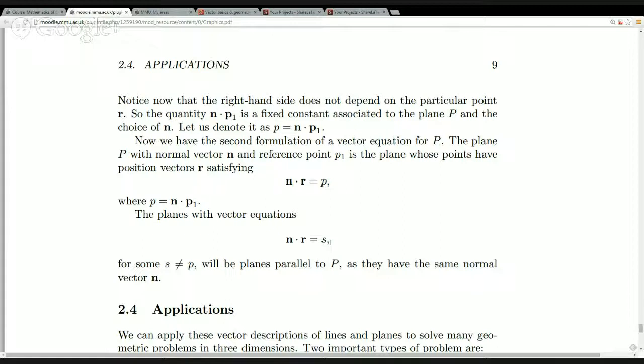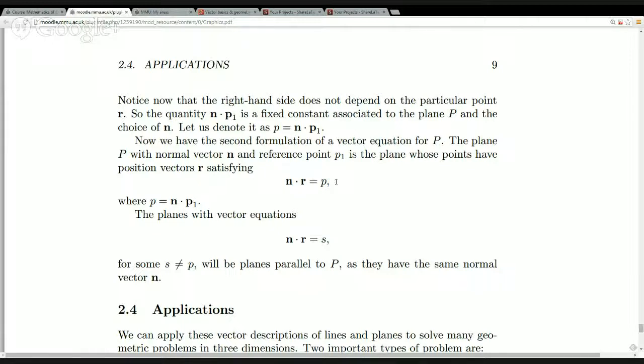The other types of equation, where you have n dot r equals some other quantity s, which is different from p, would be different planes, but because they have the same normal direction vector, those would be planes parallel to our first plane. And indeed, if you smoothly or continuously vary the right-hand side constant p, that will describe planes that smoothly move away from the original plane.